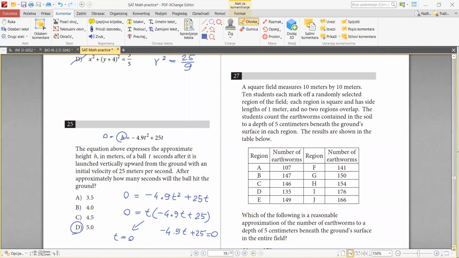Question 27. A square field measures 10 meters by 10 meters. 10 students each mark off a randomly selected region of the field. Each region is a square and has side lengths of 1 meter, and no two regions overlap. The students count the earthworms contained in the soil to a depth of 5 centimeters beneath the ground surface in each region. The results are shown in the table below.